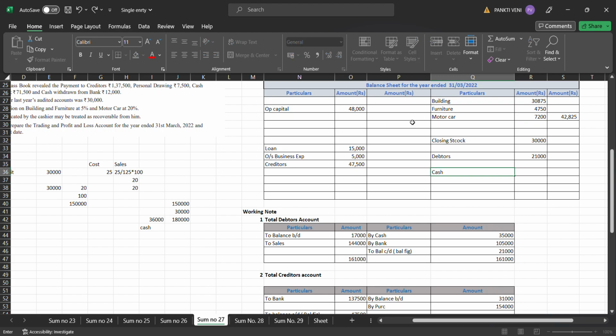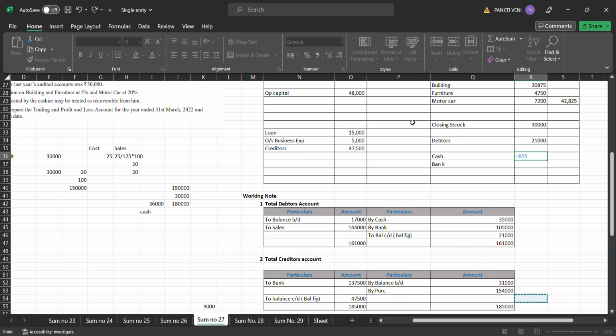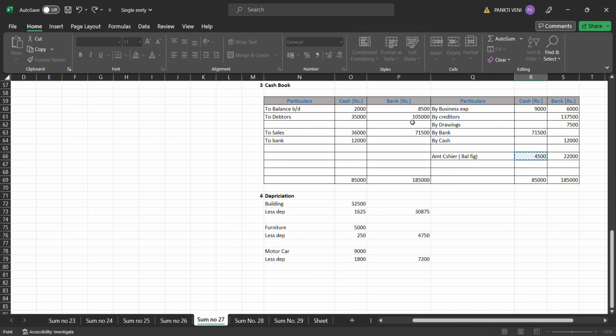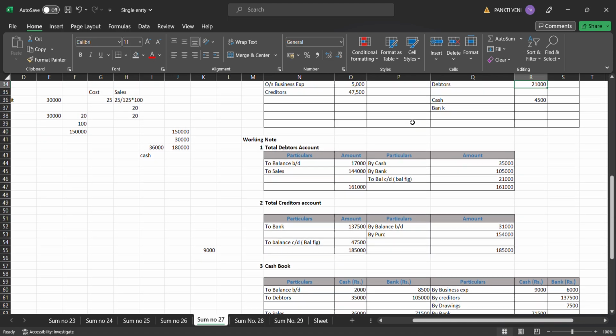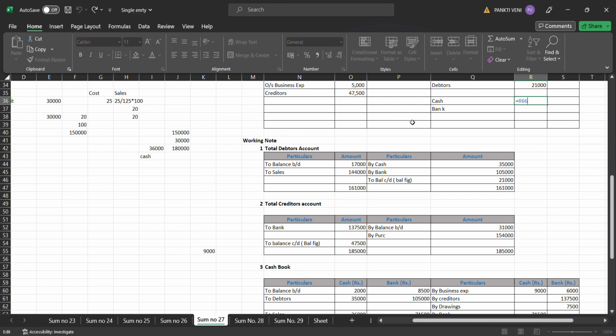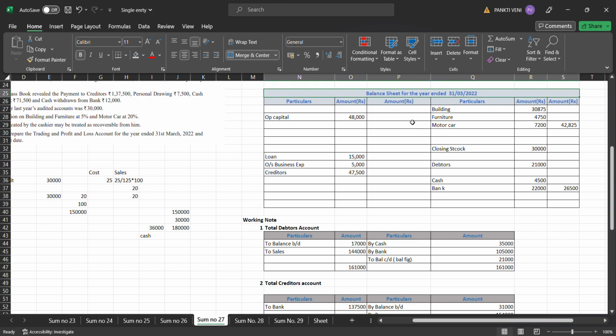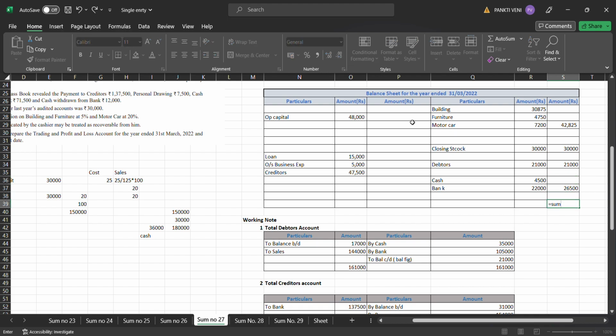So this much is done. Let us try to close this. I'll take the closing balance here, cash and bank, 4,500 from here. This also I got. I'll just total it up and I'll get my answer. So debtors is done, closing stock is done.